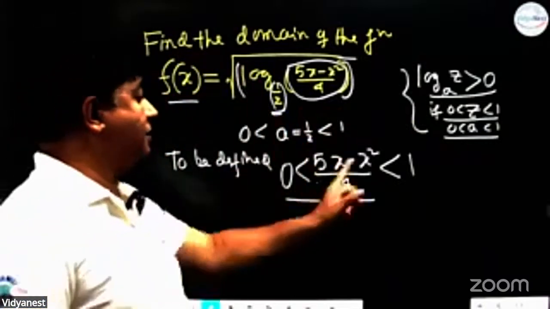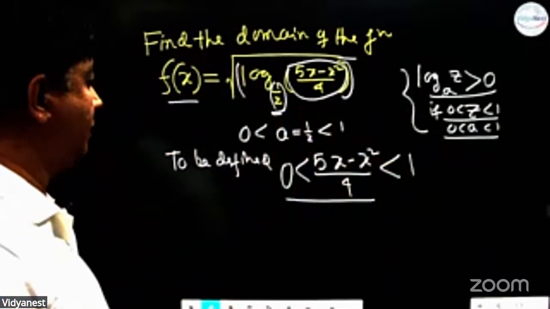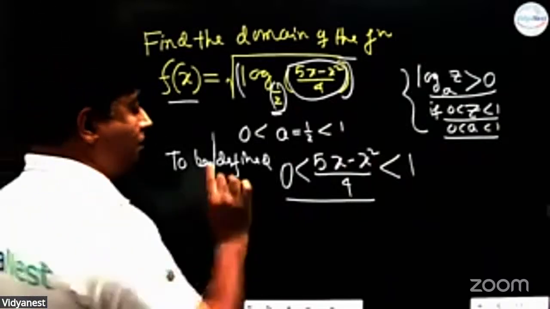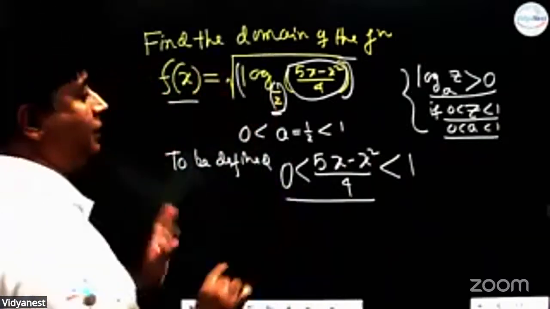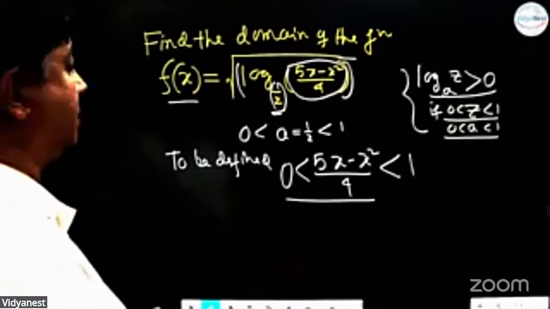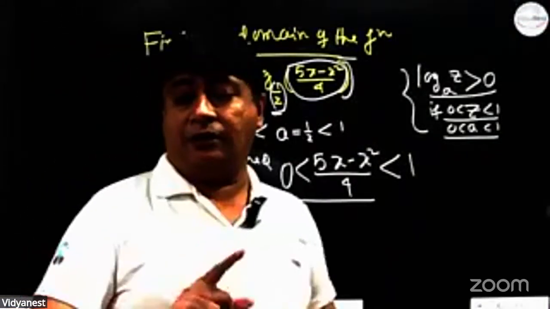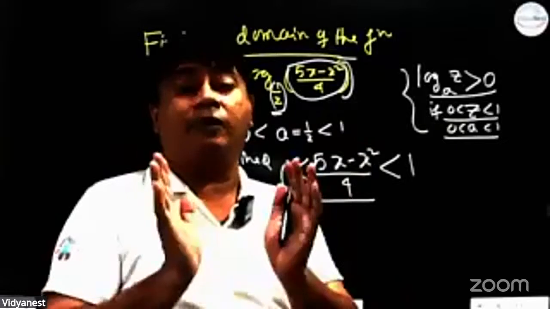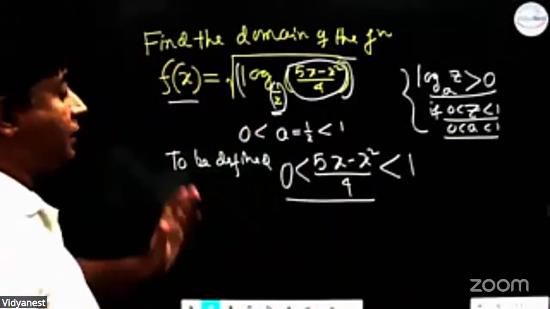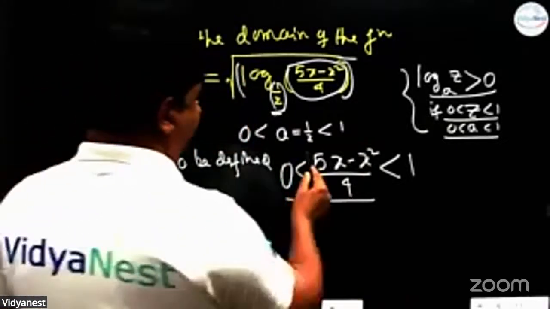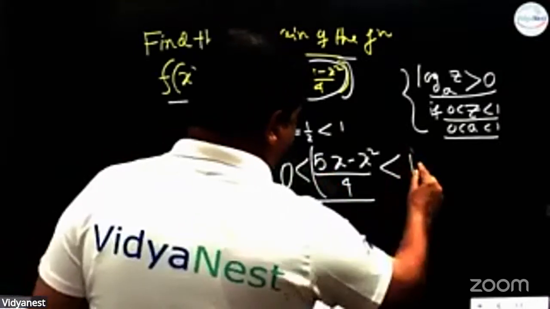So it must lie between 0 and 1. Now, step by step, we will find the interval in which x lies, and that interval will be considered as the domain.